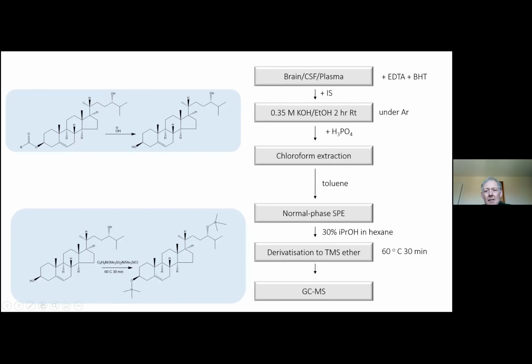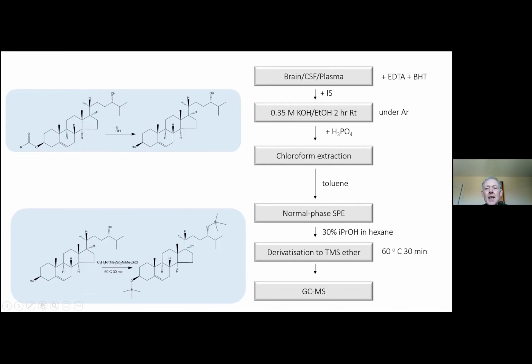Okay, let's have a look at this method in a little bit more detail. The method works well for tissues and also body fluids. Let's work through the method, and let's take plasma as our example fluid. In the first step, plasma is collected in EDTA containing tubes.